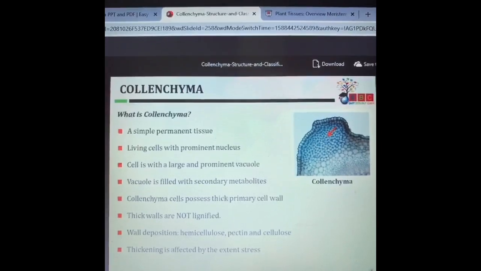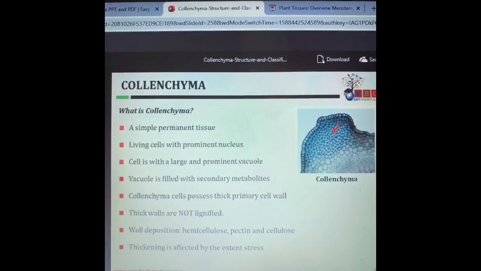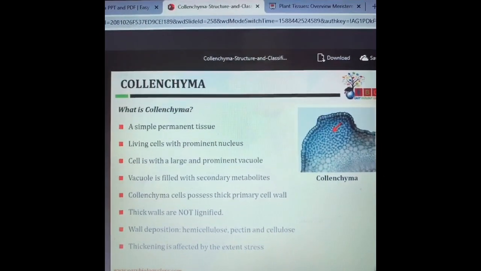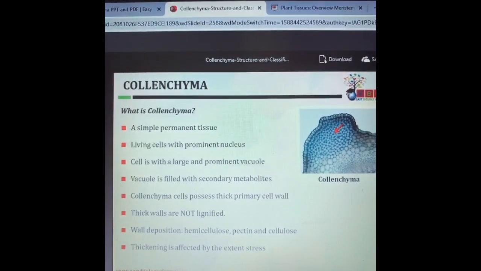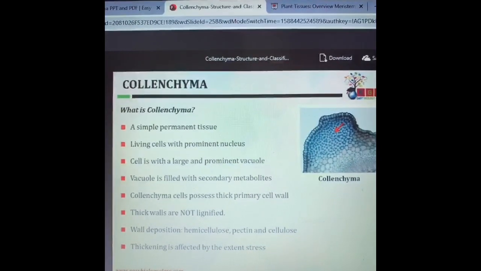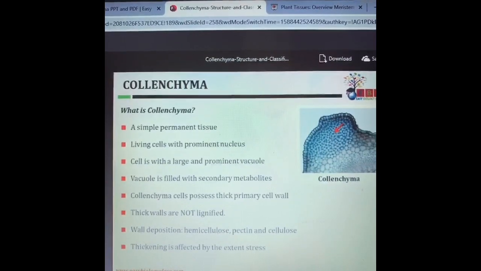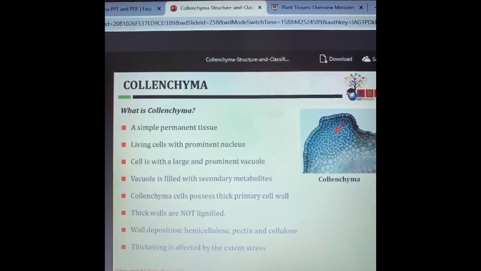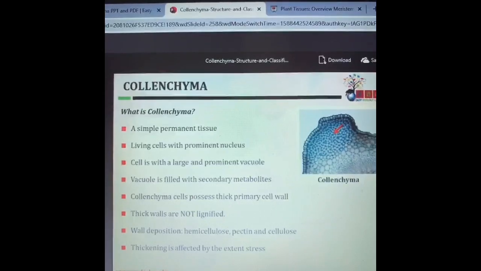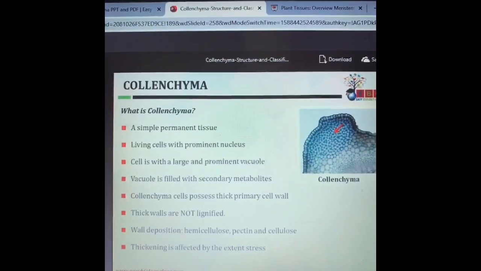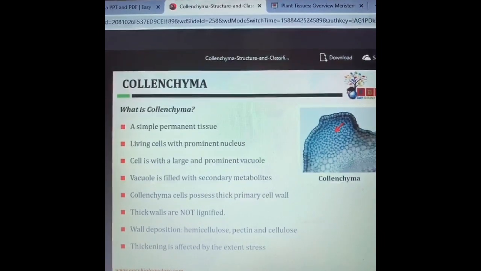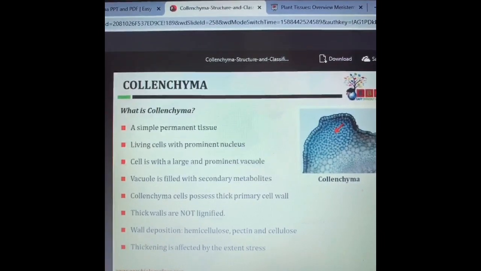It is also a simple permanent tissue of living cells which provides flexibility to soft aerial parts like the leaves and young stems, so they can be bent without breaking. This is important. The cells possess uneven thickening at the corners of the cell.